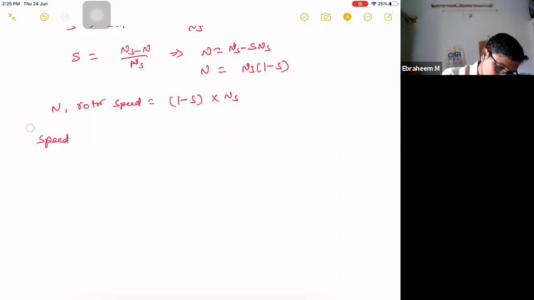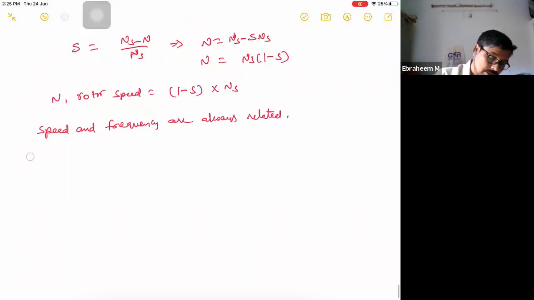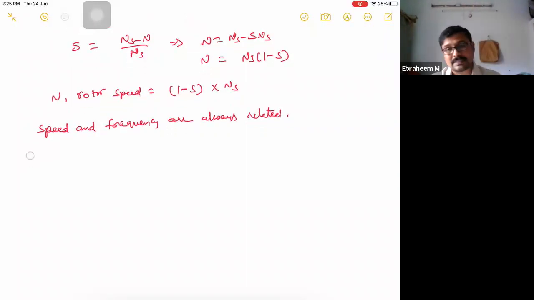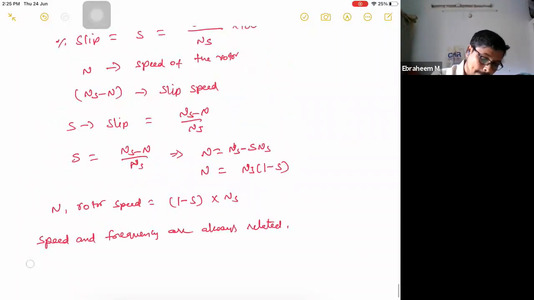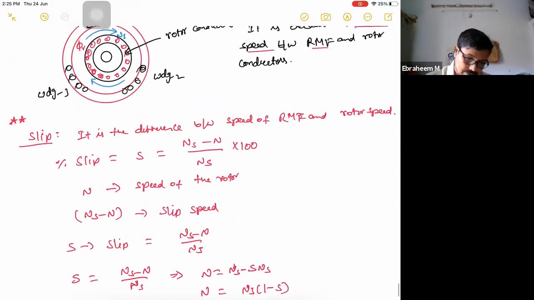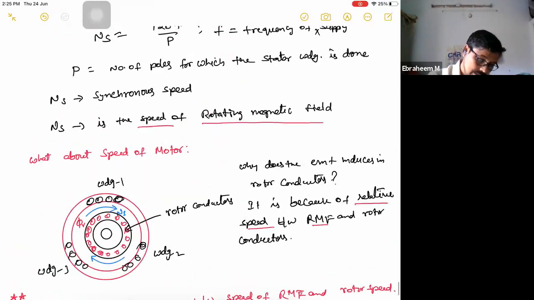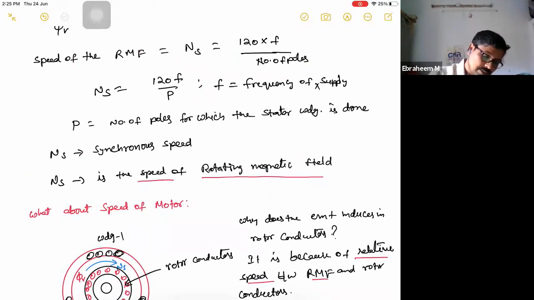So for the rotor current frequency, what is the F in this formula that we gave here? F is the frequency of the power supply.